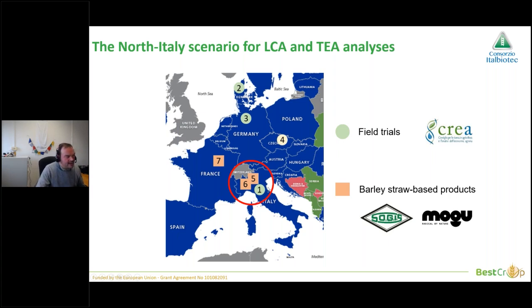And this would be our ideal scenario to assess the life cycle of this strategy, and also the technical and economic feasibility.